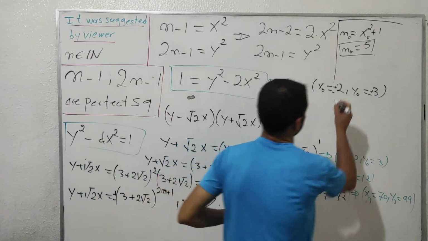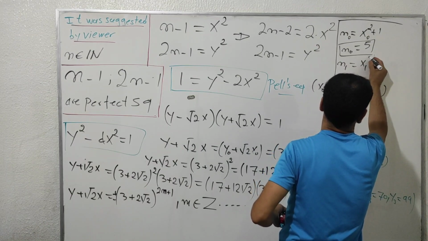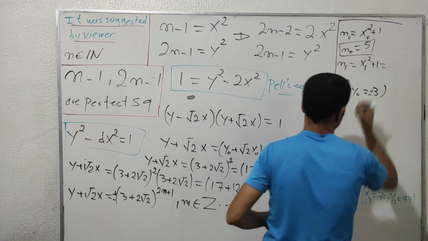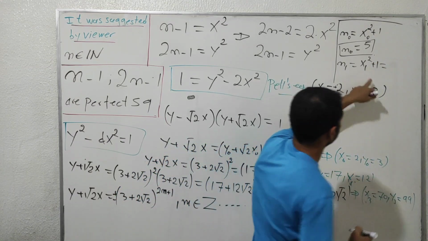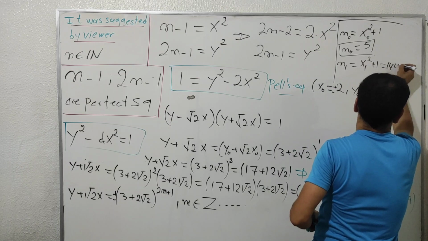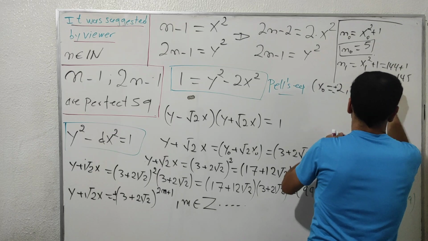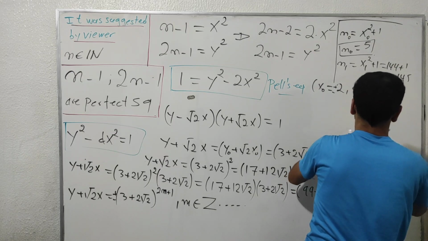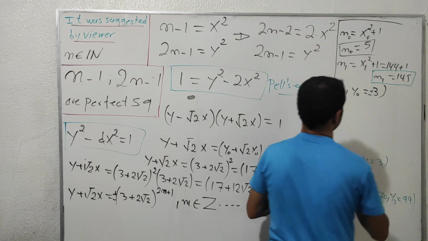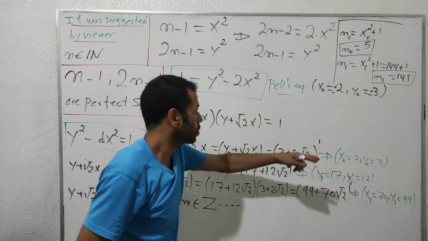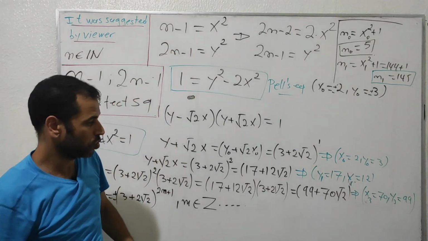Let's go to another value, which is n1. n1 will be replaced with x1 squared plus 1, where x1 is 12, so 12 squared is 144, plus 1 is 145. So this is the value of n1. If you take this value and replace it in both equations, it will satisfy them, giving squares.